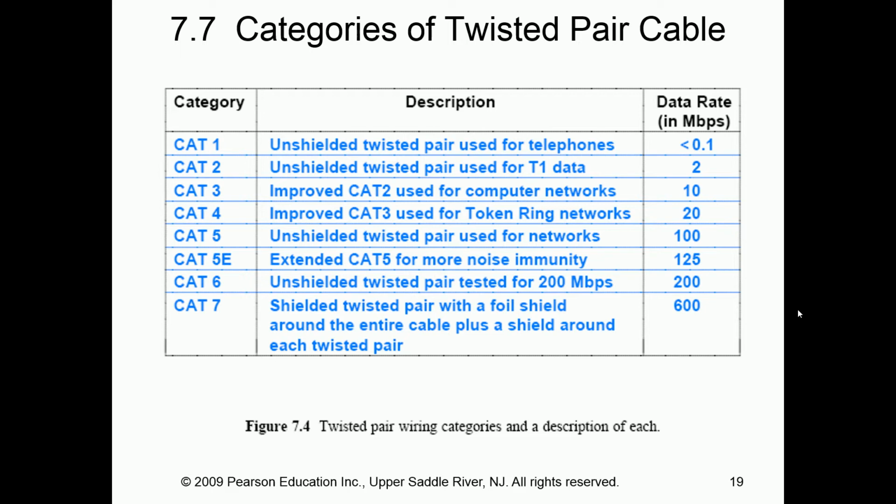So these numbers are slightly off. But the higher the number, the lower in the chart that we go. Cat5e, Cat6, Cat7 are actually our newer cable standards. Those are what we typically deal with. In industry, normally we're looking at Cat5e, Cat6, or Cat6e. Those are our big ones.